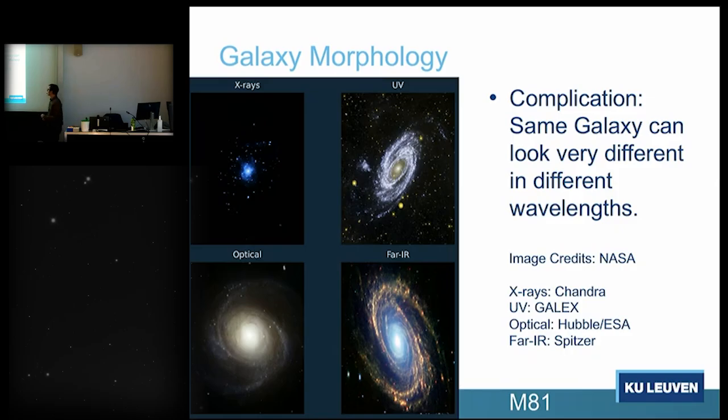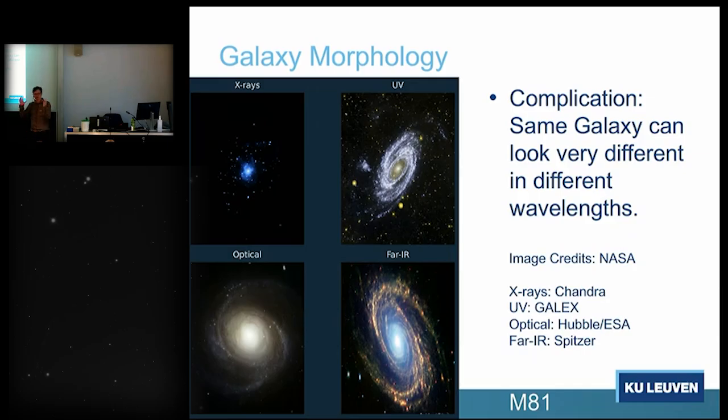Here is another example, the M81 galaxy, where you can see that if we look at high energy X-rays, it looks very different than in optical, and in the UV it looks slightly different again, then the optical again, and in the far infrared. In the ultraviolet we don't see much of a central portion, but we see the spiral arms very clearly. And again, that gives us a hint that in spiral galaxies, the spiral arms are where star formation occurs.